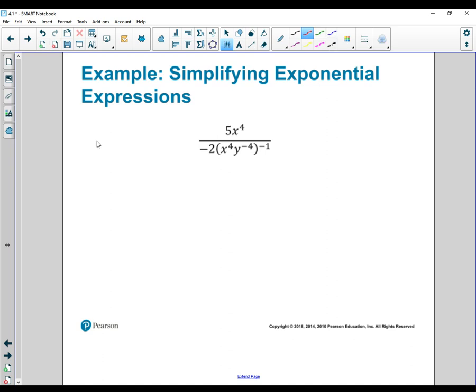Okay, we have this whole chunk to the -1st, which means that whole chunk needs to get thrown up there. So x to the 4th, y to the -4th. There's actually multiple ways to do this one. Well, that's the way I'll do it.